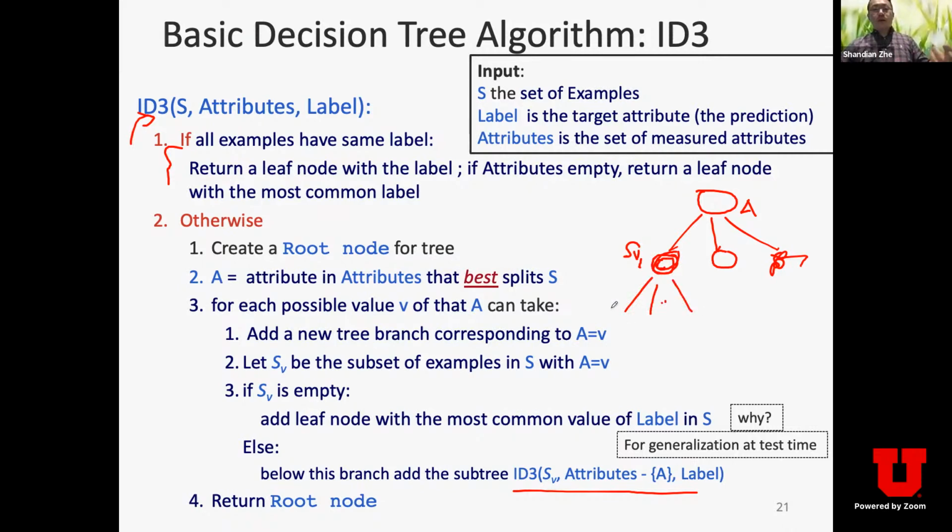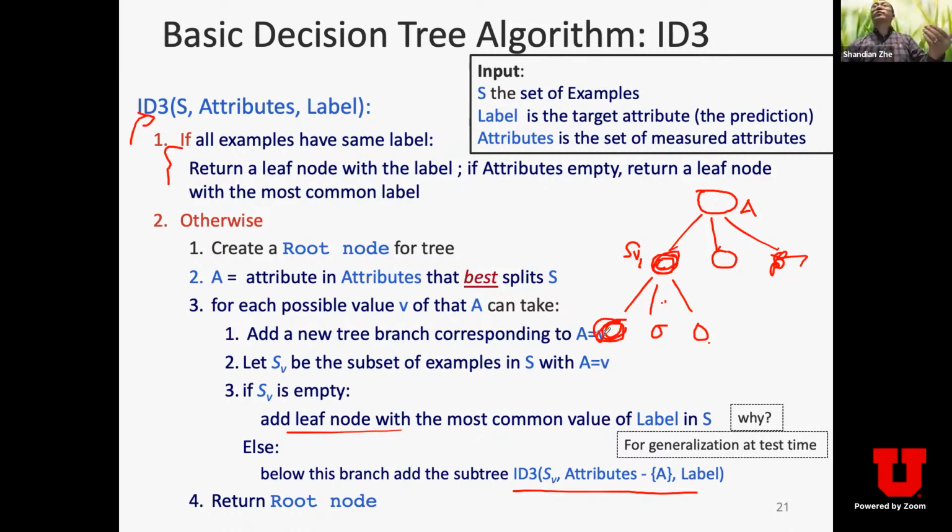You get a bunch of other subsets, which I'm not gonna write out, but each is just a subset of SV1. Each subset of SV1 will take the same value for the splitting attribute. And then we look at each subset. If this subset is empty, you create a leaf node, following this line. Otherwise, you call ID3 again to split on this subset.